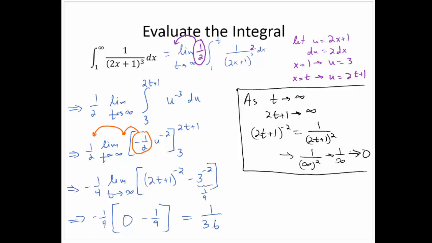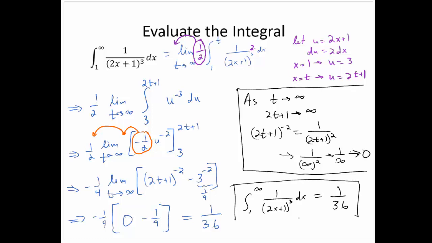And so we would write then that the integral from 1 to infinity of 1 over 2x plus 1 cubed dx is equal to 1/36. And we say that this integral converges.